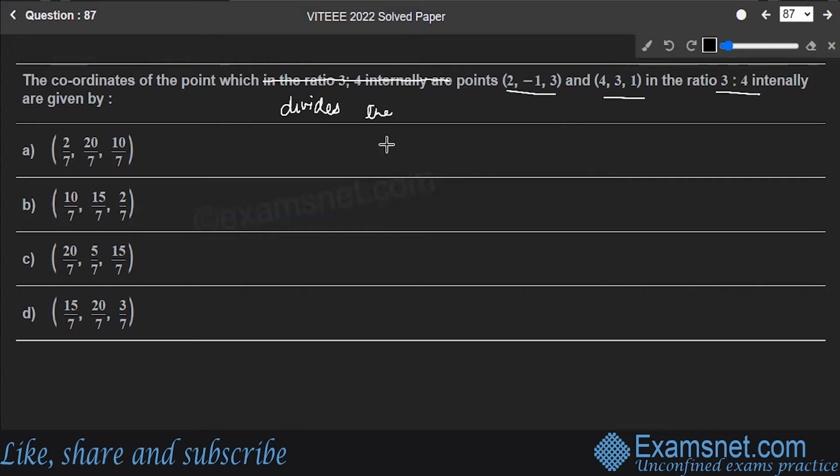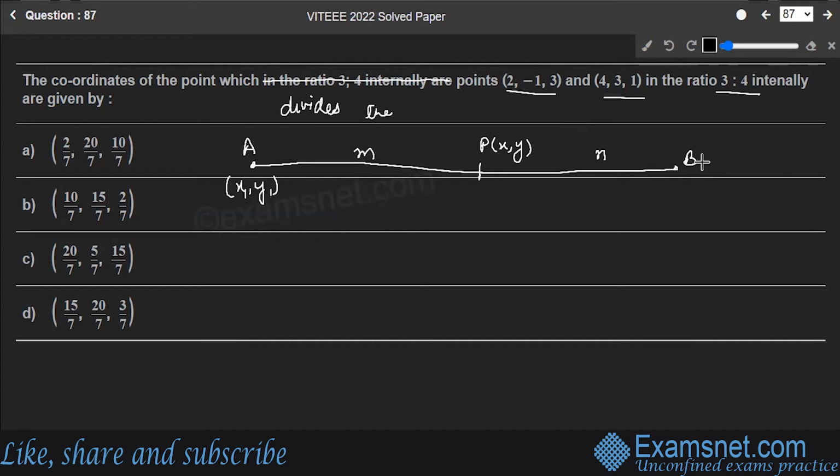Let's check. First of all, let's draw the line to understand the problem. So here is the point. If it is a general one, I'm talking about the three coordinates x, y, z. I'm talking about the general one, x and y. So I'm taking this point as x1, y1, and this is the point P, x, y, which is dividing the line AB in the ratio m is to n.